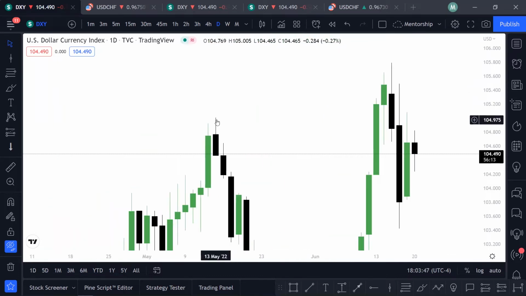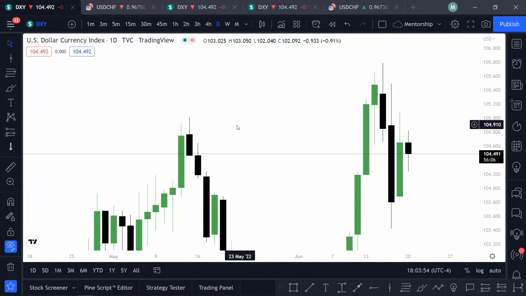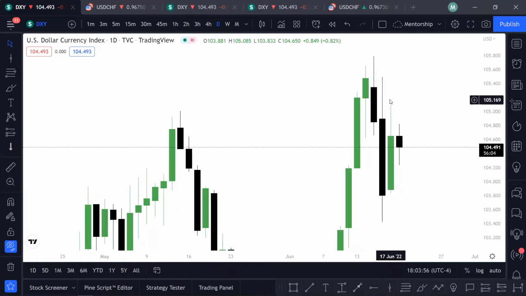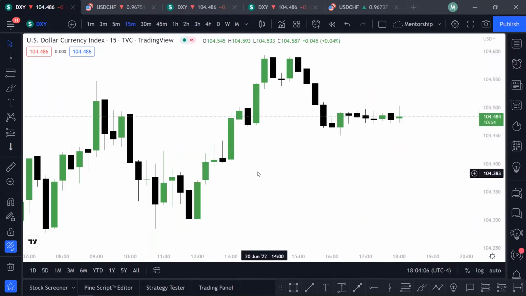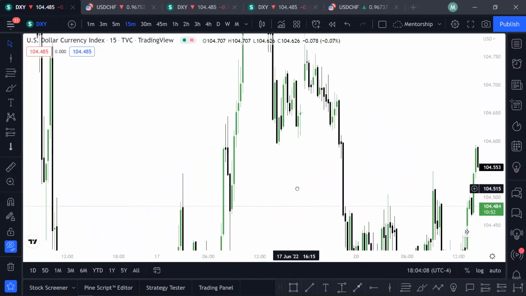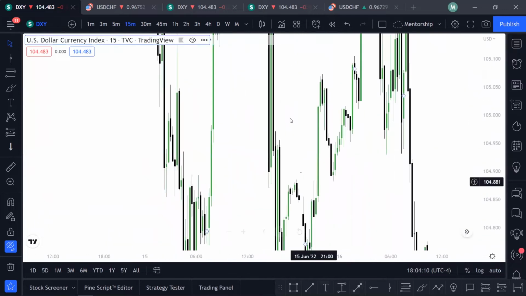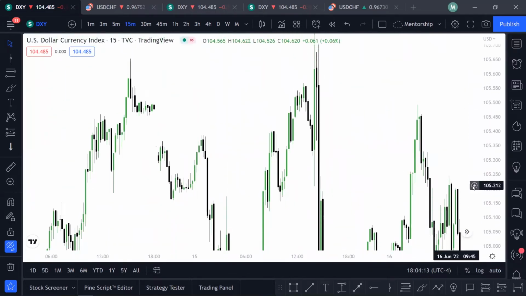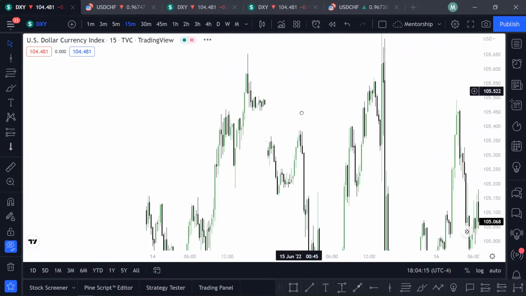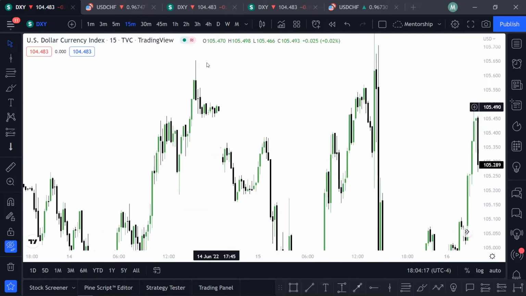After trading above an old high, if the news is released, I want to be bearish. What am I looking for? Let's go back to the 15 minutes chart. I'll show you. I'm looking for this imbalance. Okay, this is the high that traded above an old high.